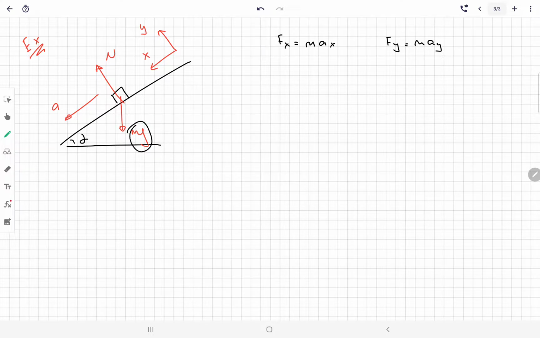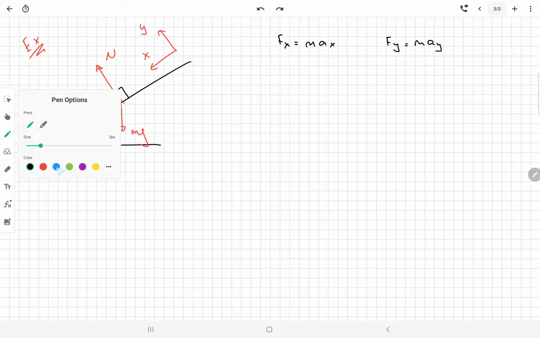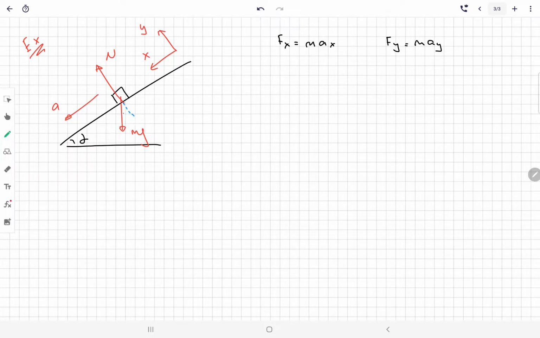We have a component of the weight, because as you see, weight is not exactly in x direction, not exactly in y direction, so it has components in x and y. This angle also equals alpha, so the x component will be equal to mg sine alpha, and the y component will be equal to mg cosine alpha.